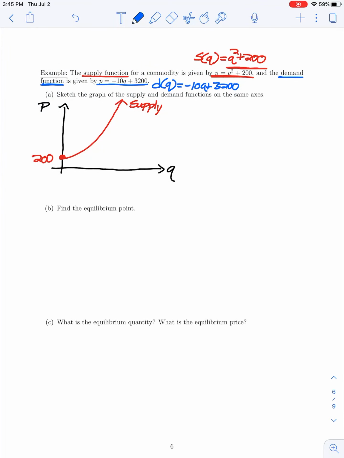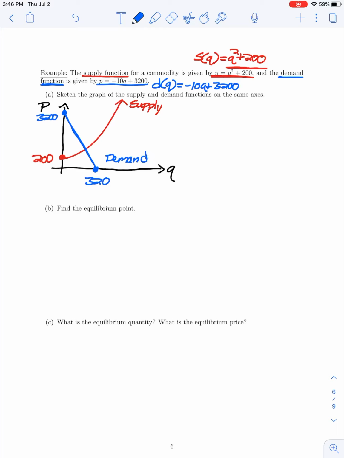Now our demand function was linear. Its graph is going to be a straight line, and we see that when q is equal to 0, the value of d, the demand, would be 3,200. So our y-intercept here is 3,200, and the slope of our line is negative 10. It was 3,200 minus 10q. So we have a line which is decreasing as q increases, and when the value of q is equal to 320, our demand is equal to 0.